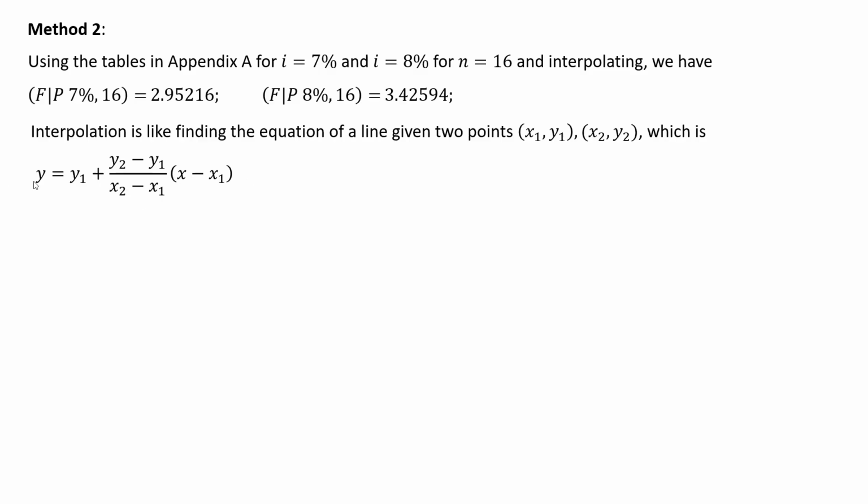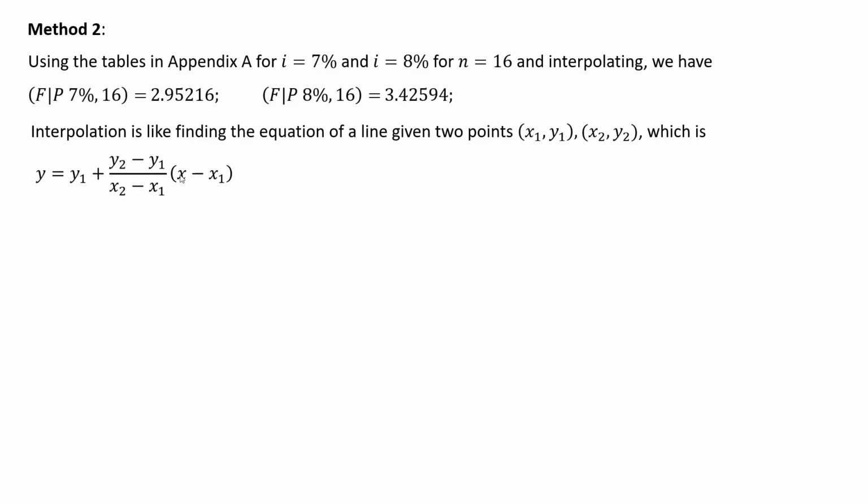This is another version of y minus y1 equals m times (x minus x1). m is the slope, rise over run, and that rise would be y2 minus y1, and the run would be x2 minus x1, as simple as that. Okay, y equals y1 plus (y2 minus y1) over (x2 minus x1) times (x minus x1). Alrighty.